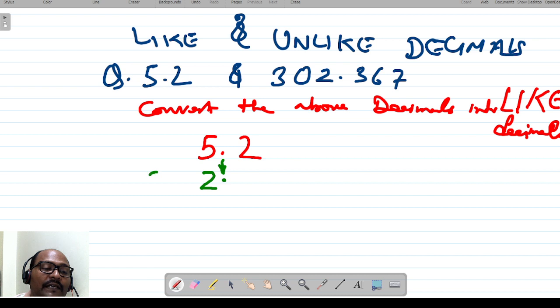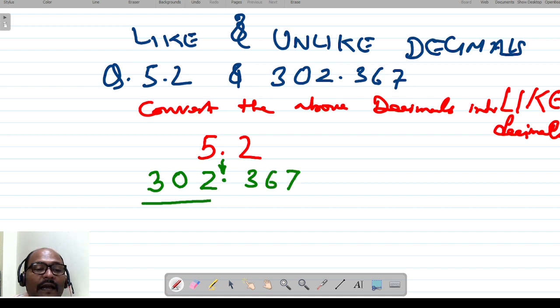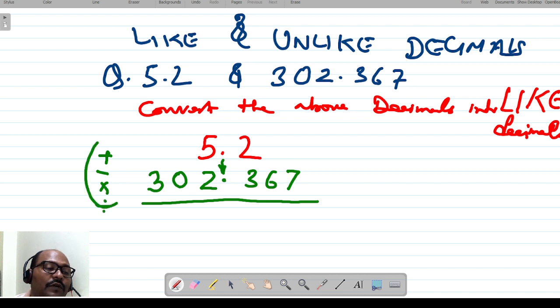So when you arrange it, it will look like this: 302.367, right? In any kind of arithmetic operation, addition, subtraction, multiplication, or division, you can do this. But here we are just converting the two decimals into like decimals.